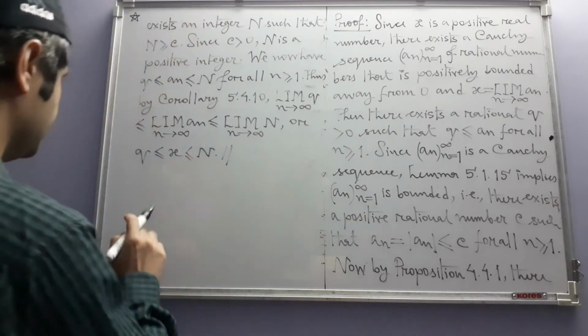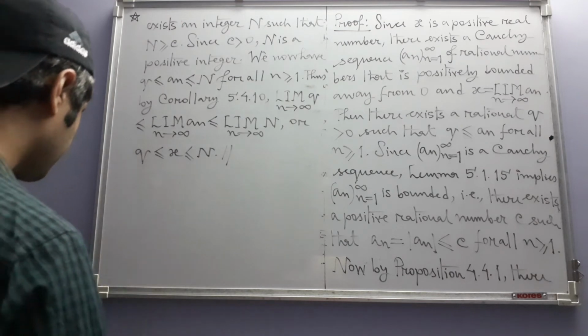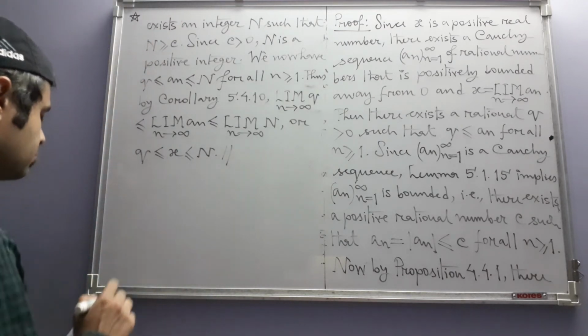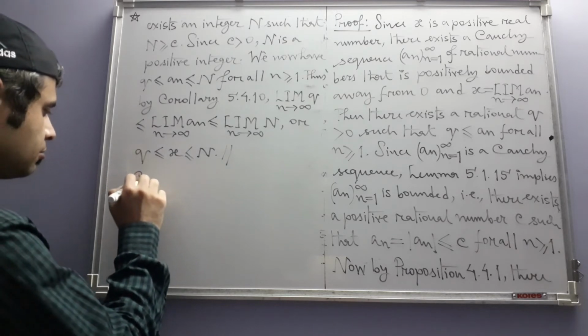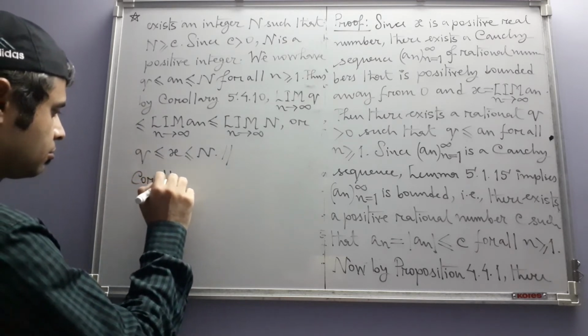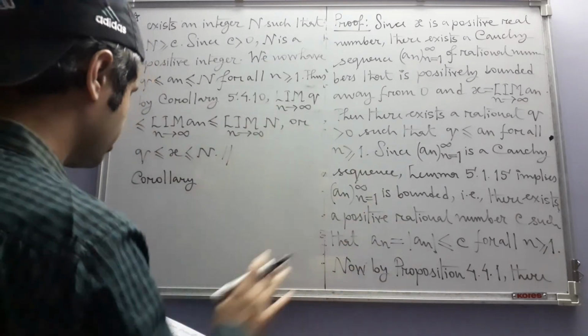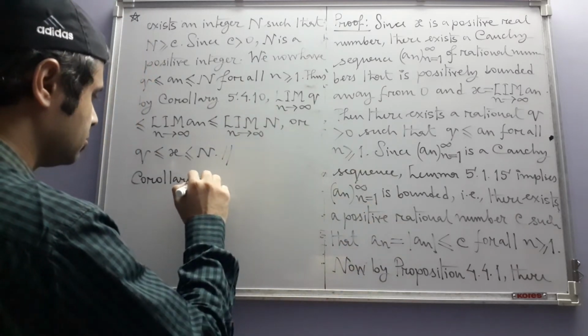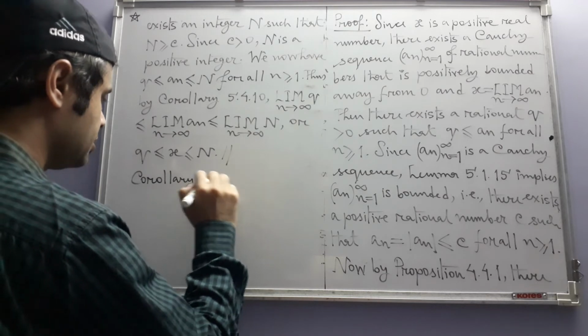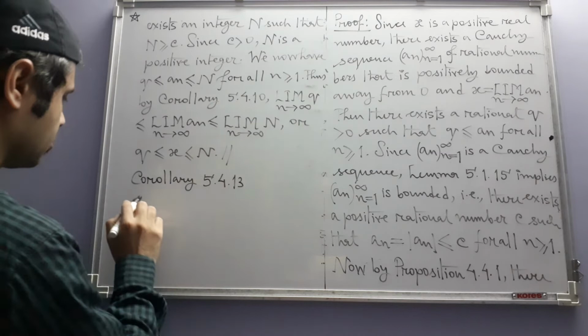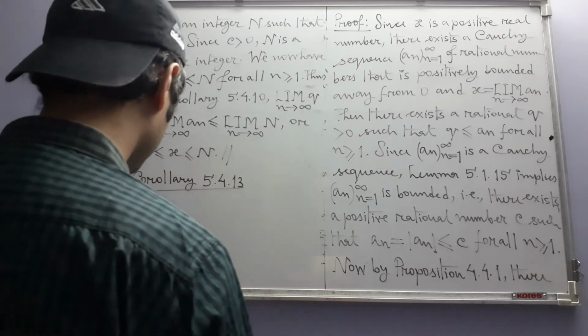Okay, now this result has an important corollary which has a name also. It's called the Archimedean property. So the things we are going on proving, these are some most basic fundamental facts about the order relation in the system of real numbers.